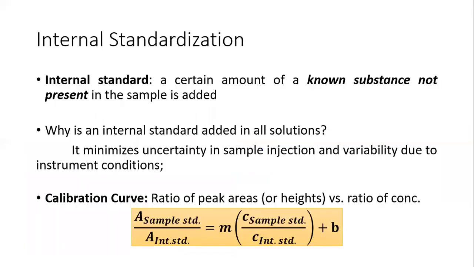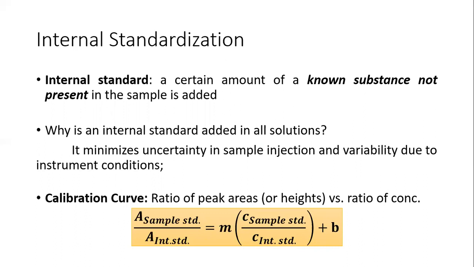So for this experiment, you've encountered a new calibration curve, which uses an internal standard. An internal standard is a known substance that is not present in your sample. That is one of the reasons why acetonitrile was used, because you usually don't find acetonitrile in alcoholic beverages.